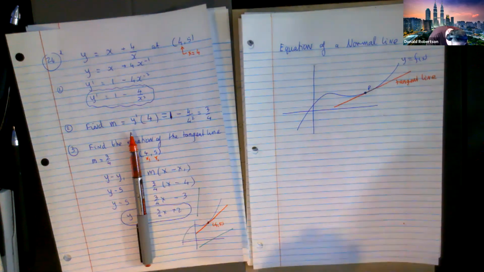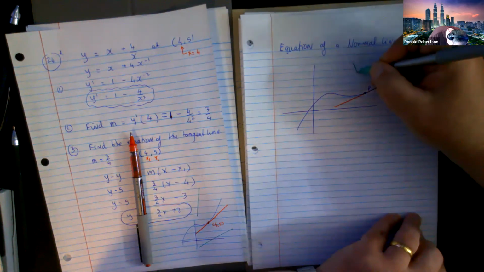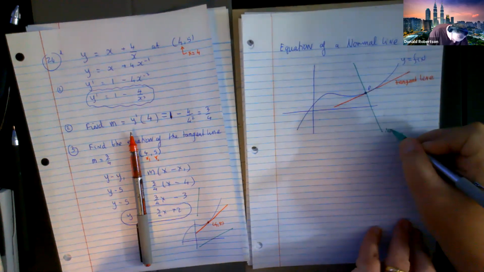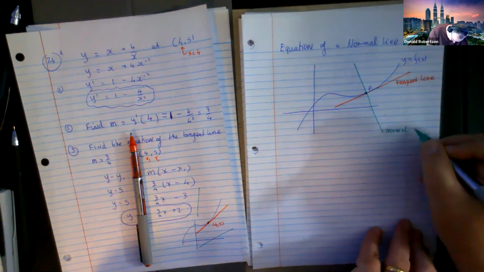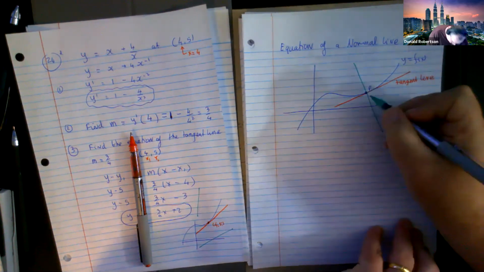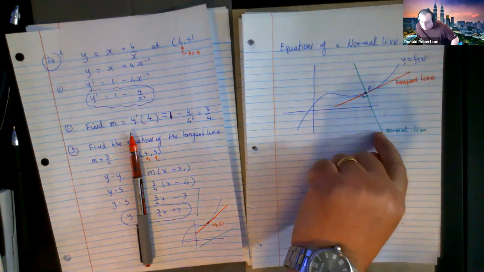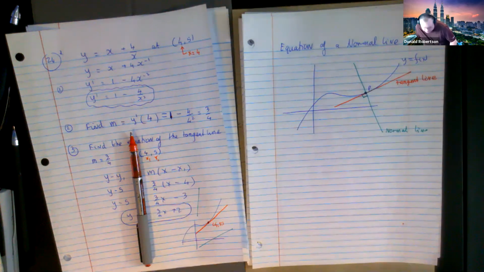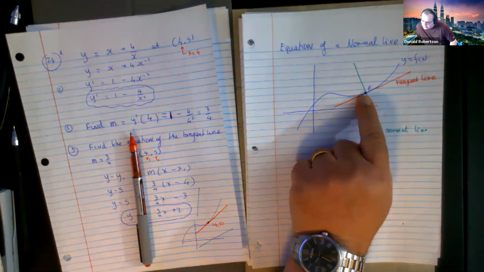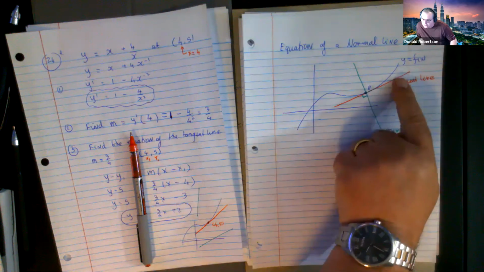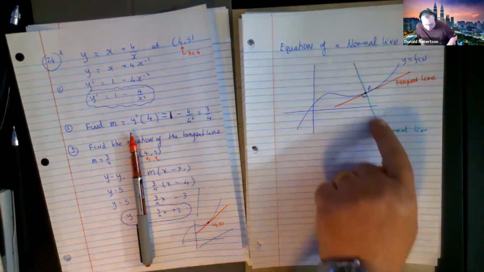A normal line goes this way. And a normal line is at right angles, perpendicular is the word we like to use, to the tangent line. And we are going to find the equation of that green line. Now, it passes through the same point, right? It just doesn't have the same gradient. If this gradient is 2, that's definitely not 2, right?